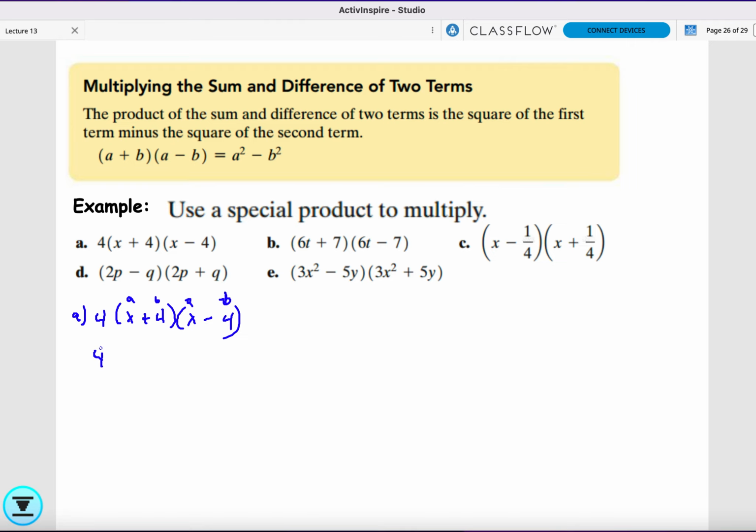So we know it's a squared minus b squared. So then it'll be 4 times x squared minus 4 squared, which is just x squared minus 16. Distribute the 4, so we get 4x squared minus 64.